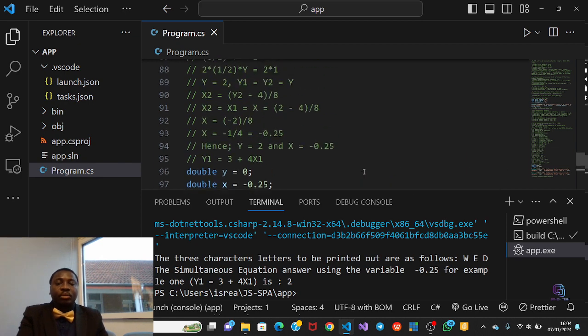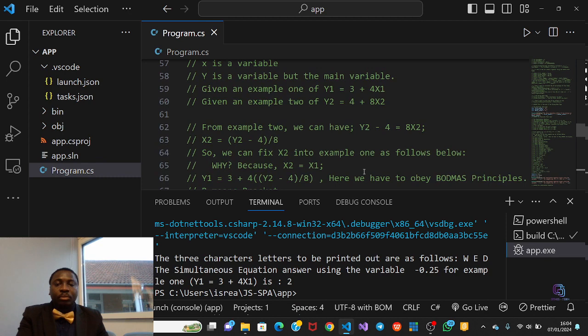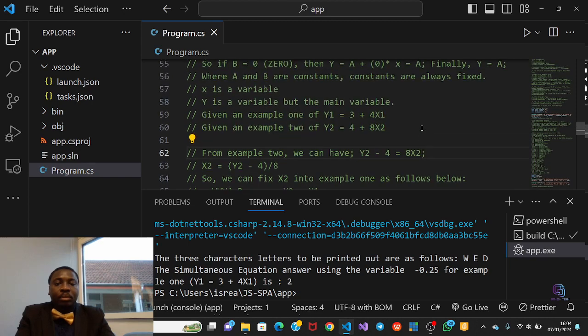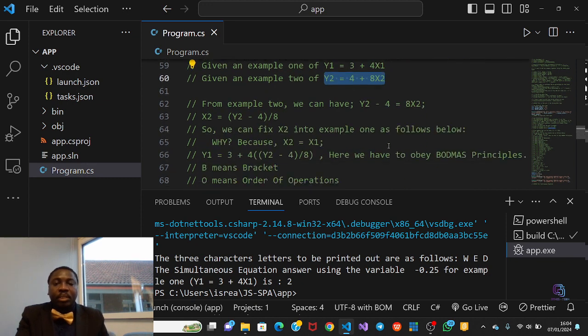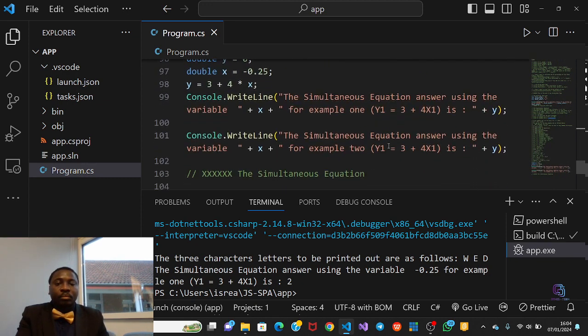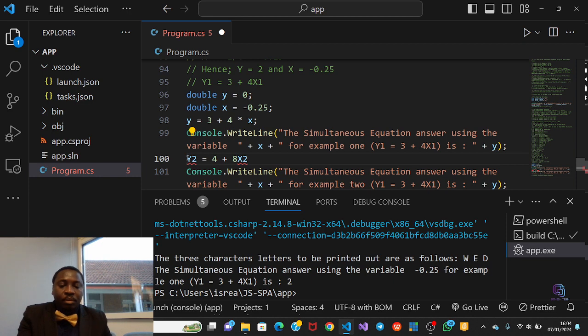So we have y2, which is y2 is equal to 4 plus 8x2.